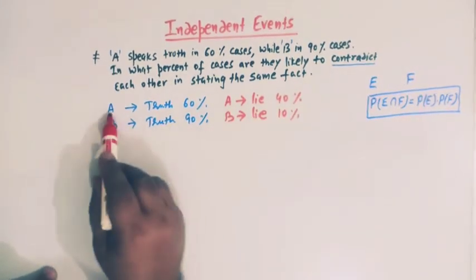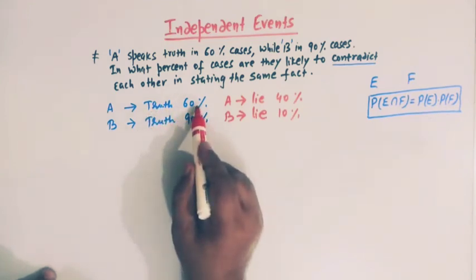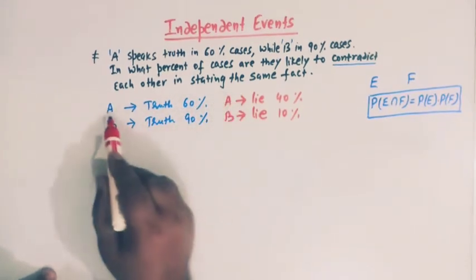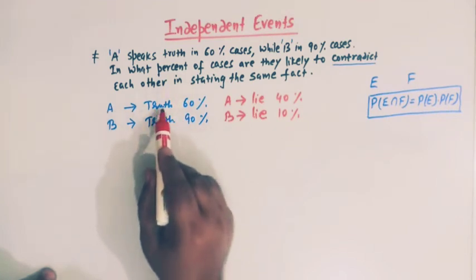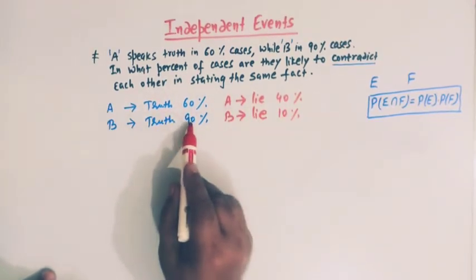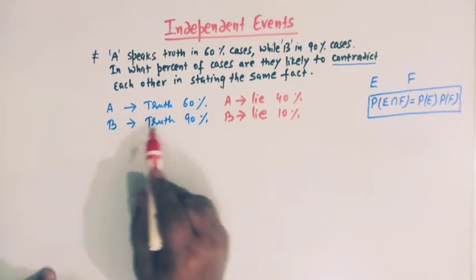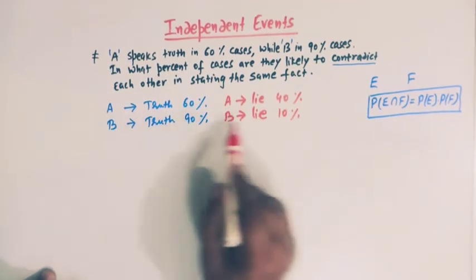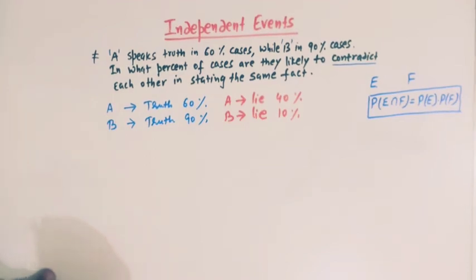So A speaks truth in 60% cases and does not speak truth in 40% cases. Similarly, B speaks truth in 90% cases and does not speak truth in 10% cases.